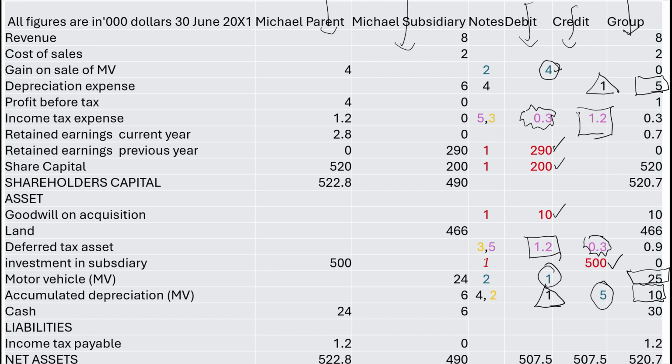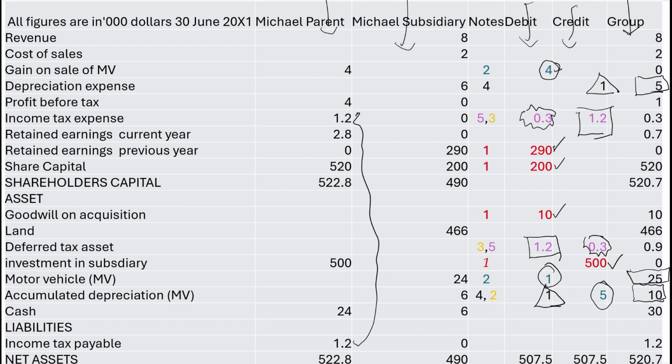Because of the sale of the motor vehicle, there's income tax payable of $1,200. So had there been no adjustment, then we credit income tax payable $1,200. We debit income tax expense $1,200.